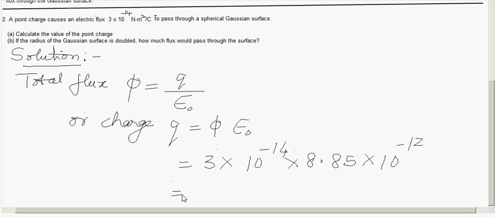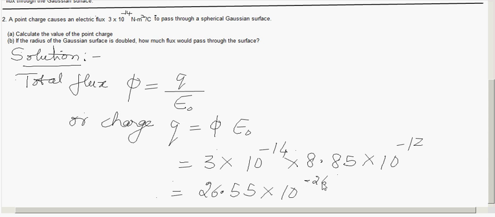Now 3 multiplied by 8.85 gives 26.55, and the powers combine to 10 to the power minus 26.